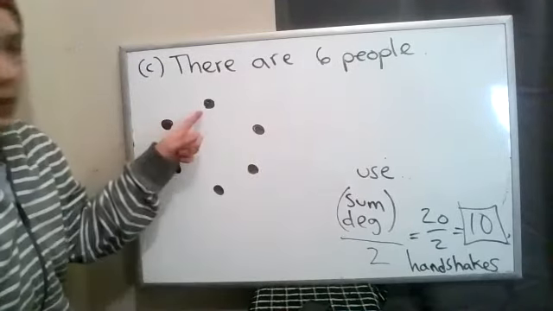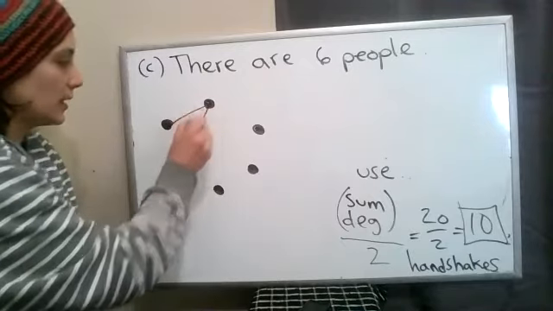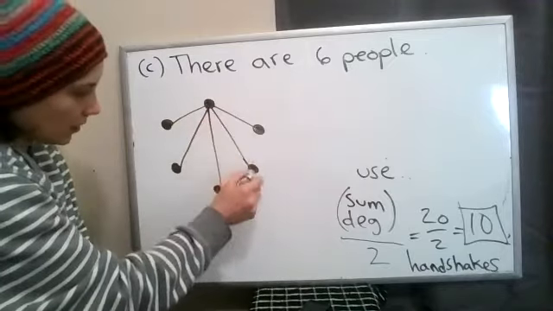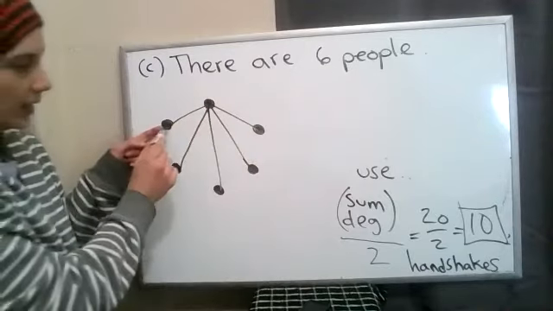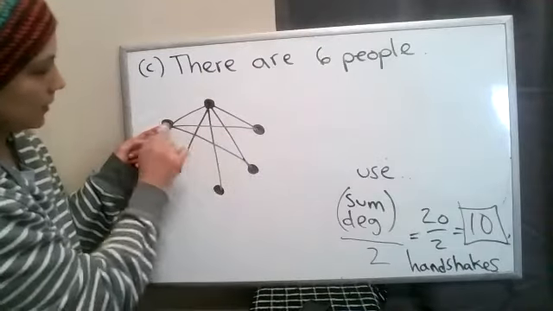And then each person connects to all the other people. So just go around and get all those connections for the first person, all the way. And then continue across.